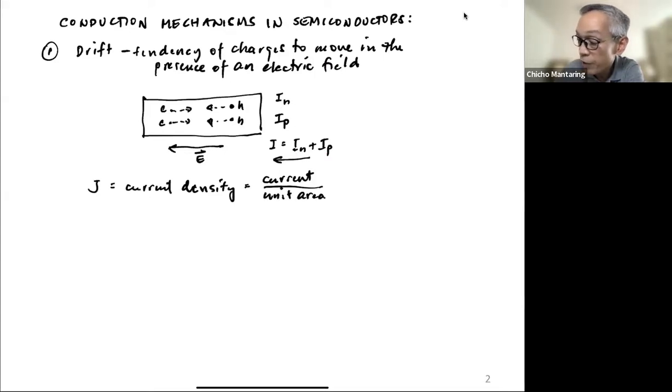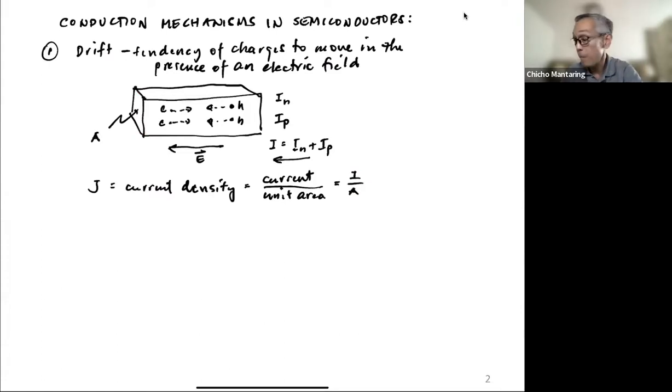In other words, if I have a cross-sectional area A, if this is area A, my current density will be equal to I over A, assuming that my current is uniform throughout the cross-sectional area, no? Then my current density will be I over A. Okay, so I have J. Okay, so this is drift current, no?